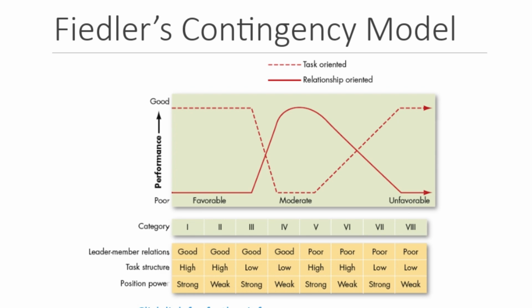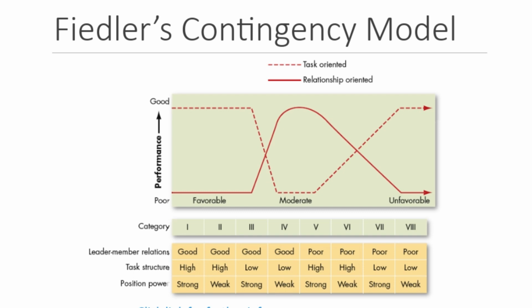When all three variables are strong, there's a good relationship between the leader and the group, tasks are clearly defined, and the leader has solid authority, we call that a highly favourable situation. On the other hand, when these elements are weak, poor group relations, ambiguous tasks, and little authority, the situation becomes least favourable. Now, here's where it gets interesting.